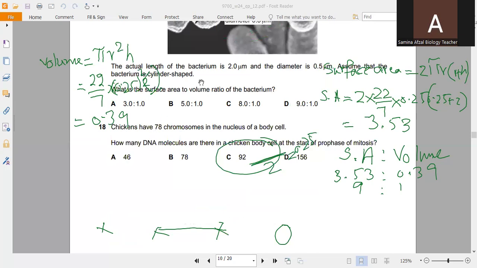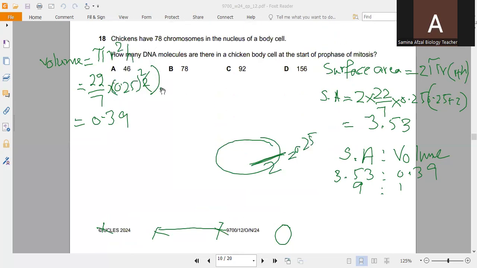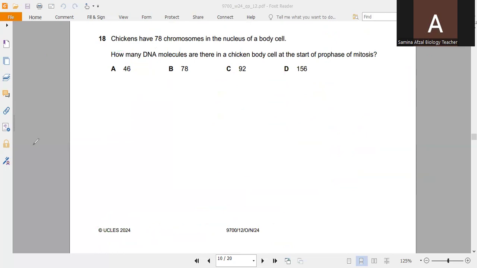Now we are moving towards the next question. Next is 18. Here we can see, a chicken has 78 chromosomes in the nucleus of a body cell.